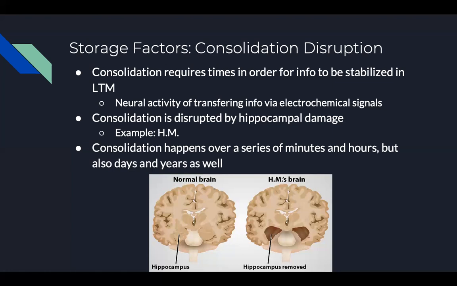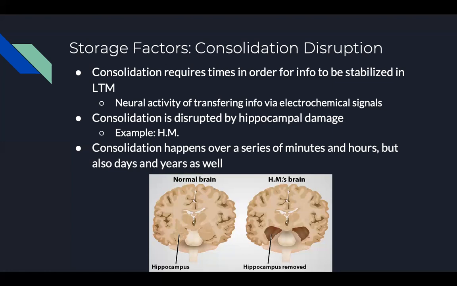And then, of course, consolidation can also be disrupted not only by hippocampal damage, like in the case of HM, but by the neurodegenerative processes that happen from aging. We know that as we age, typically without the interference of any sort of brain damage or certain diseases, our brains just overall have what's called atrophy.